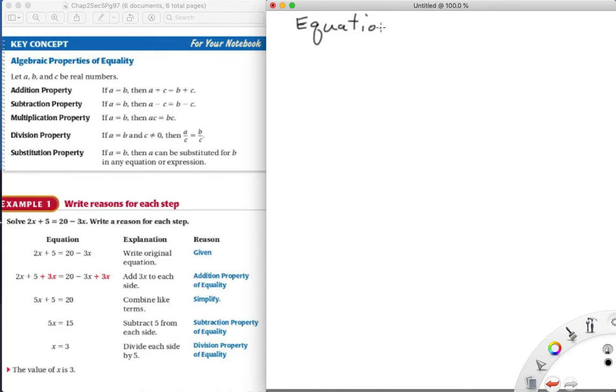When we're doing these proofs, you don't have to write the explanation. There's going to be the equation on one side and the reason, which is our justification for why we do what we do. So we have 2x plus 5 equal to 20 minus 3x.